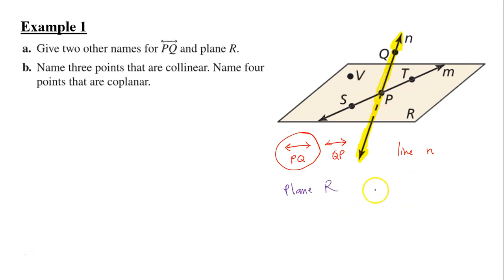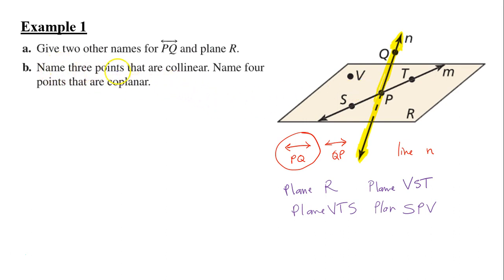So you could name it plane VST, or you could call it plane VTS, or you could call it plane SPV. Any 2 of these points and V is a legitimate name for that plane.